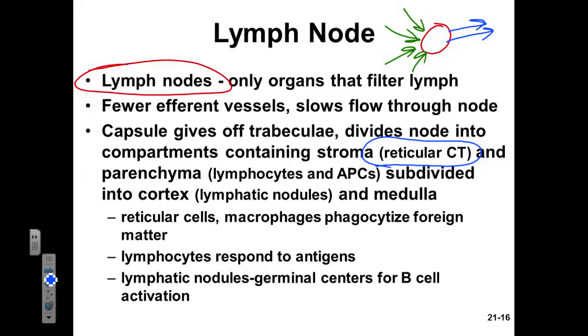When we think of the filter, I want you to connect that to the reticular tissue type. We talked about this briefly during our tissues lab when I had you compare loose, irregular connective tissues to each other. Of those, we have the areolar connective tissue and the reticular connective tissue that fall into that category. So we use the reticular connective tissue as the filter.